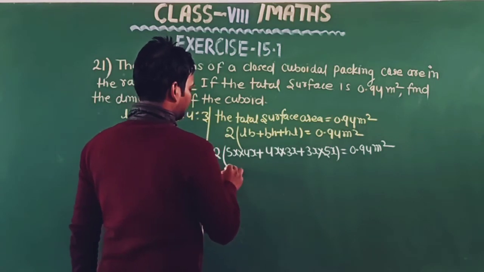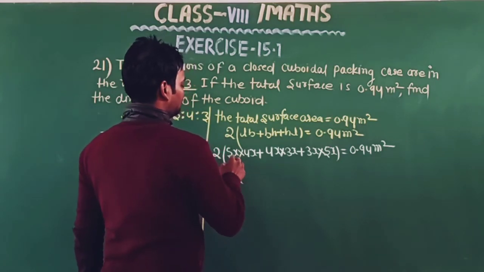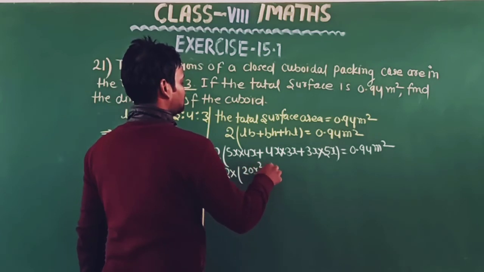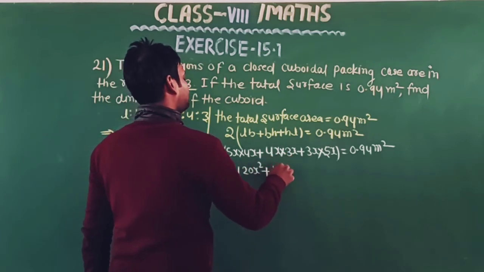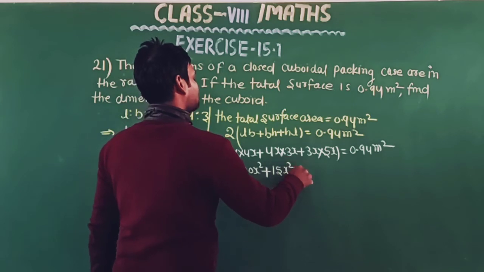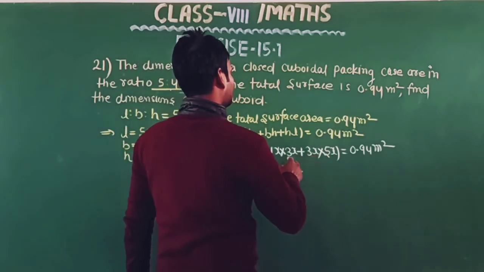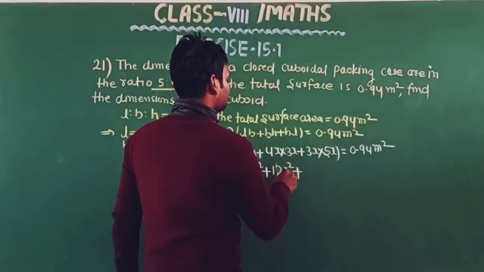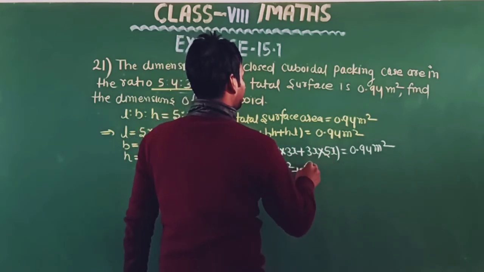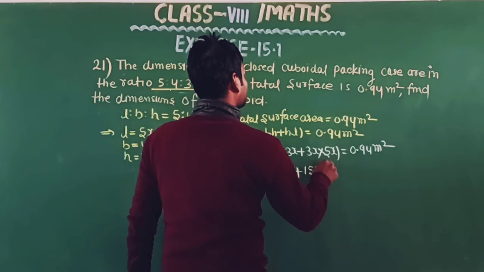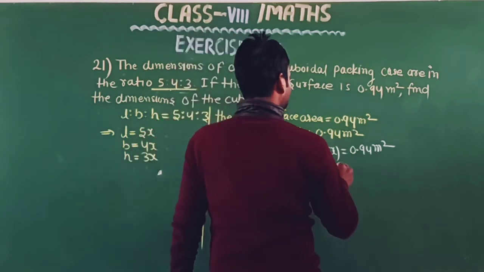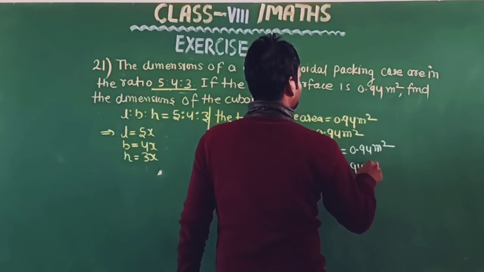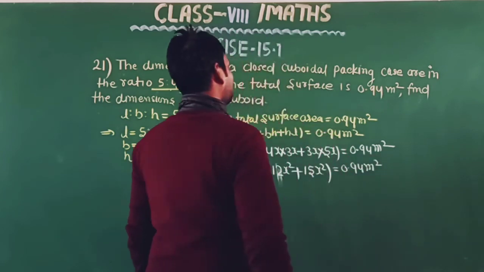So this is 2 into (20x square plus 12x square plus 15x square) equal to 0.94 meter square.